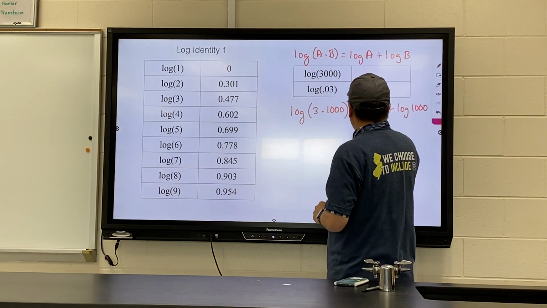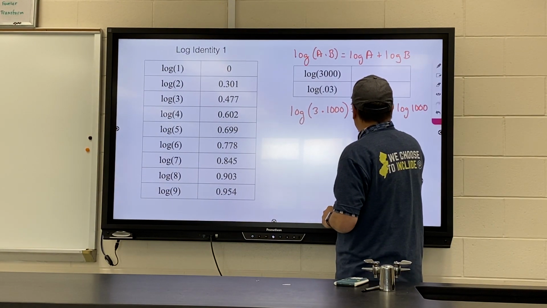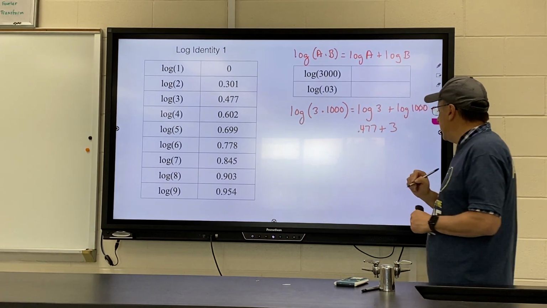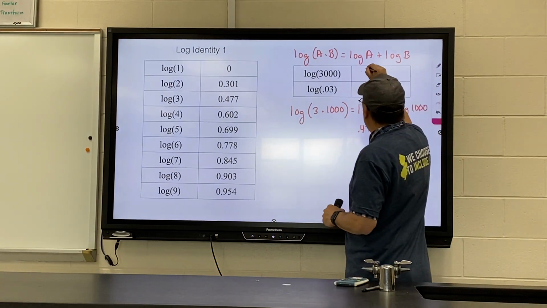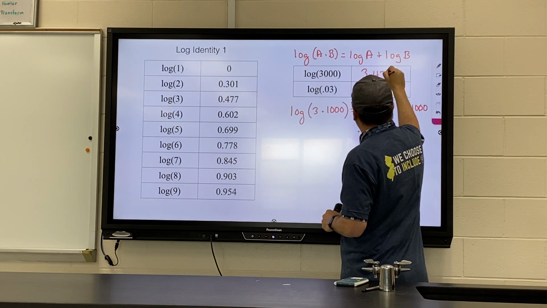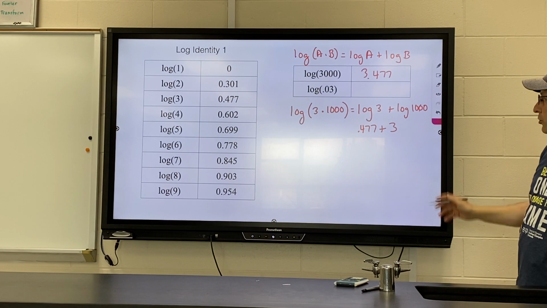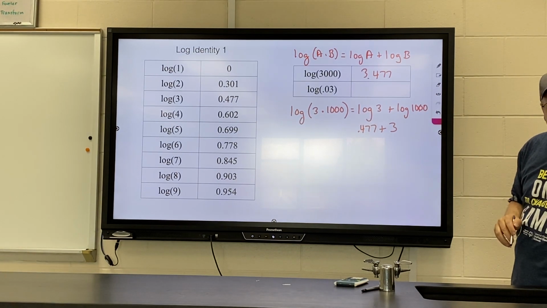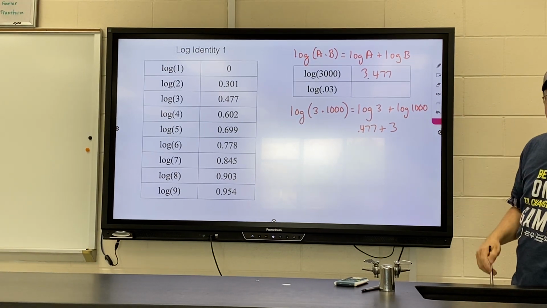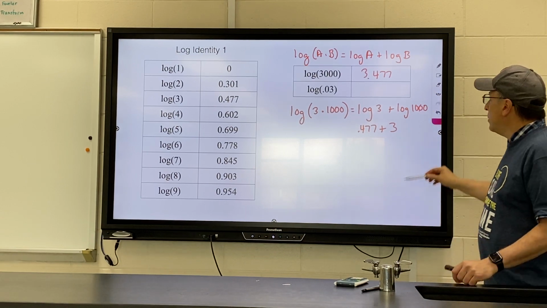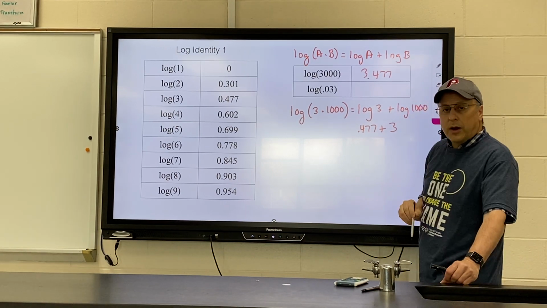So the log of 3 is 0.477. The log of 1,000 is 3 because we got 3 zeros. So the log of 3,000 should be 3.477. And you should be able to do that like I taught you last time, and it should match up. Or you can do it on your calculator, and it should match up. So our rule seems to work.